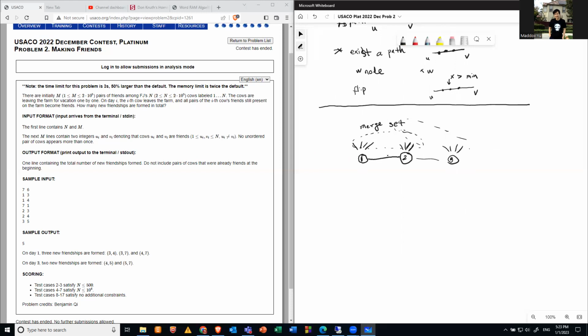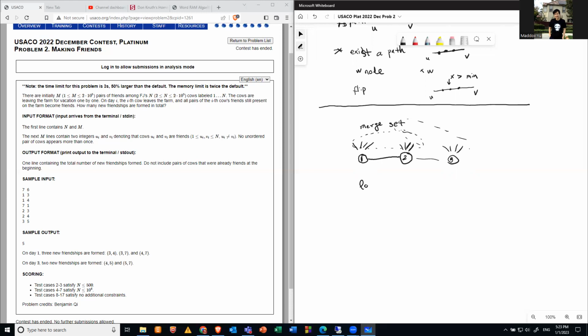Every time you merge sets, you count how many new things happened. Right? In this case, it's this plus this minus all the things inside it.